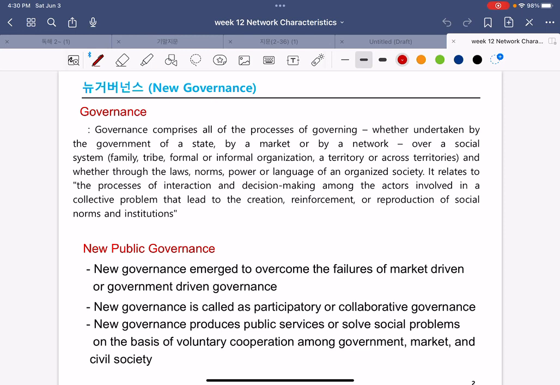Therefore, new governance is called a participatory or collaborative governance. In the new governance, a variety of actors produce public services or serve social problems on the basis of voluntary and cooperative collaborations. Usually, the different actors from government and market or civil societies participate in producing public services.